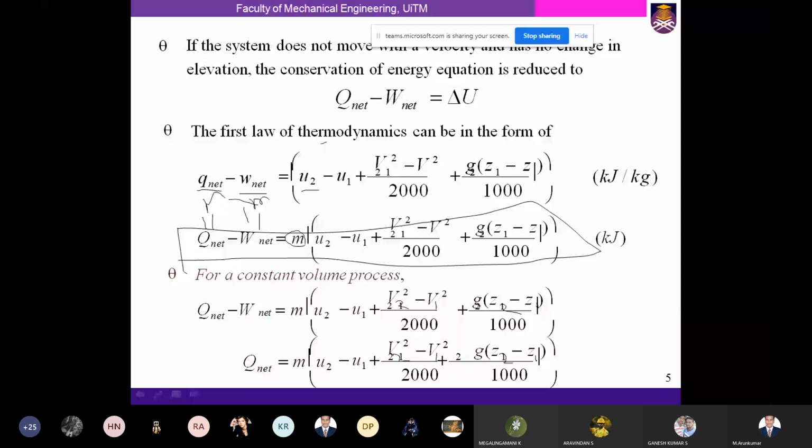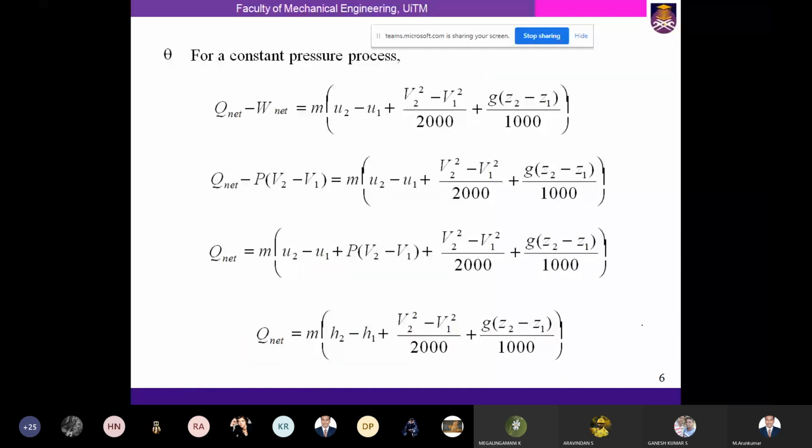The energy equation for a constant pressure process can be written as follows. As we have the energy equation here, consider the constant pressure process.